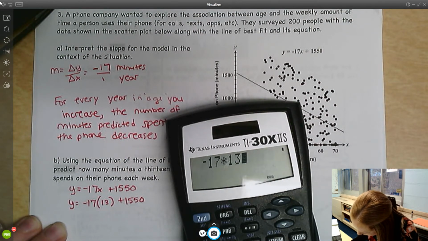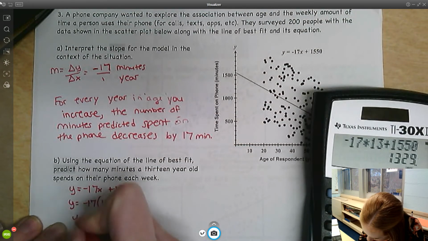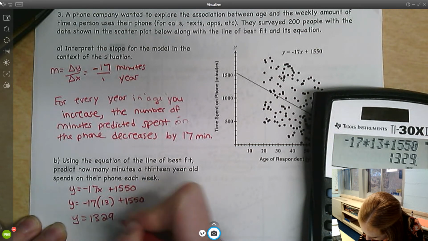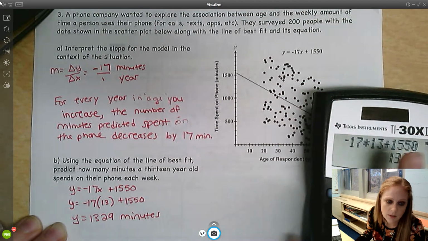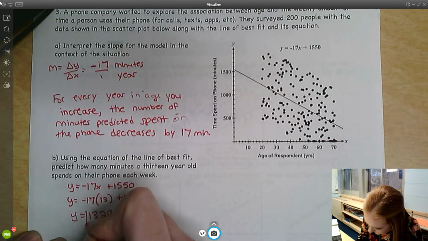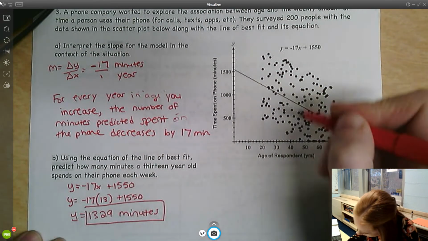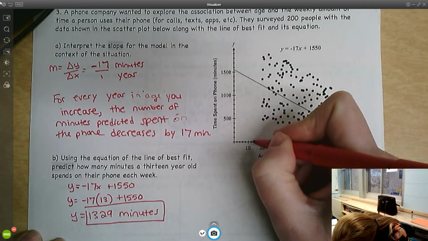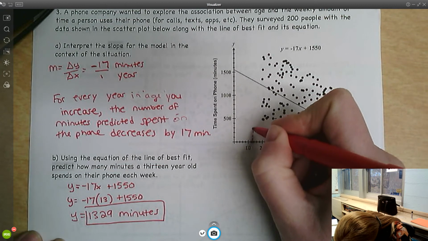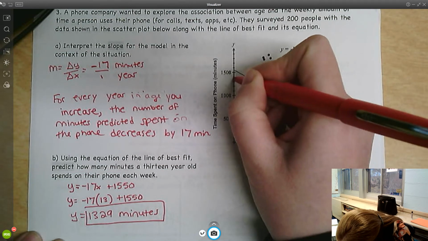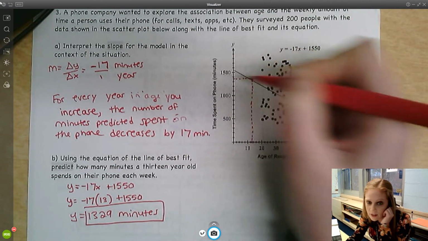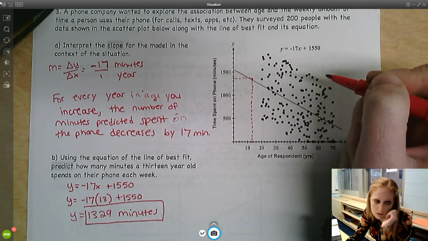Negative 17 times 13 plus 1,550 equals 1,329 minutes. Right, if you look at our graph, the y-axis is minutes. Let's get it from the graph as well. So if you go to a 13-year-old, let's see, this would be 12. So 13 would be right here. And you look at your trend line, that's going to be in between 1,000 and 1,500. So yeah, that makes sense, about 1,329.